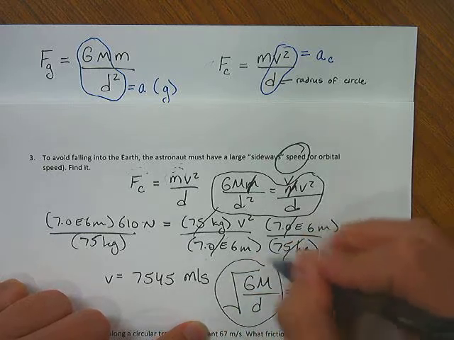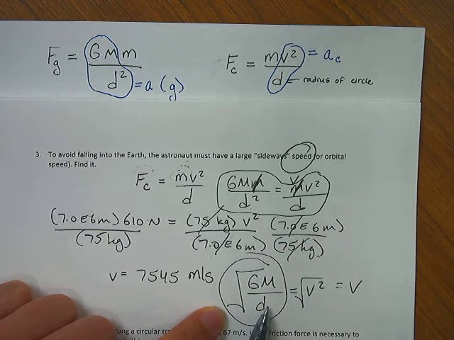It does not matter. I'm going to multiply both sides by d, and I get GM over d equals v squared. Take the square root, and I get v.